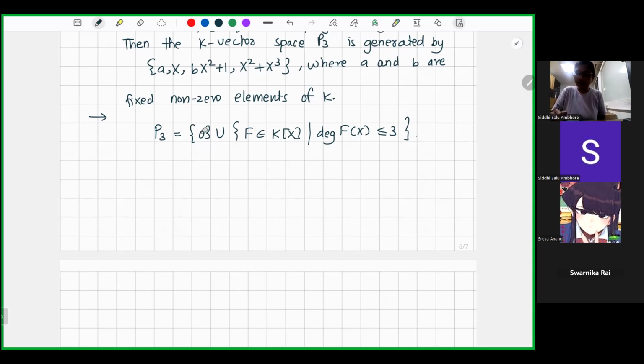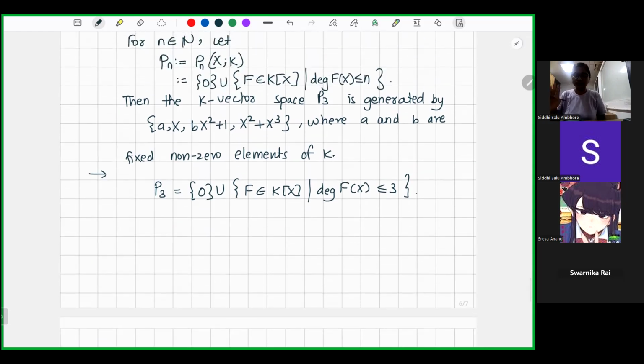But for now, we are including this 0 here, because otherwise, if we are just considering polynomials with well-defined degree less than or equal to 3, then 0 won't be there, and we need to have 0 in the vector space.